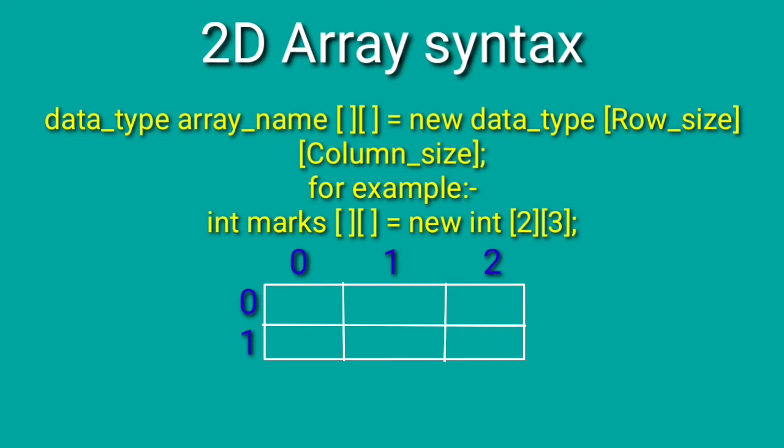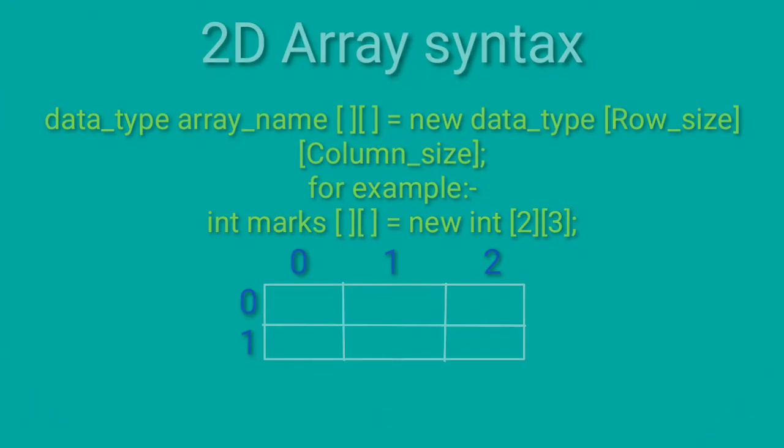And here I want to mention one more thing, that a 2D array is an array of one-dimensional arrays. So you have to keep in mind that this array has two one-dimensional arrays. For example, the first one-dimensional array is storing 3 elements, and the second one-dimensional array, that is the second row, is also storing 3 elements. So in this way you can say a 2D array is an array of 1D arrays.